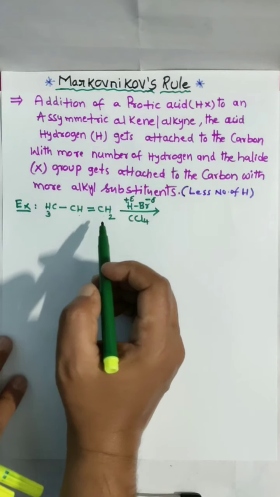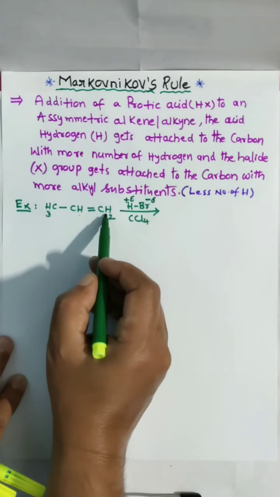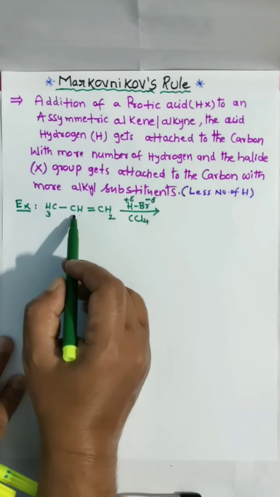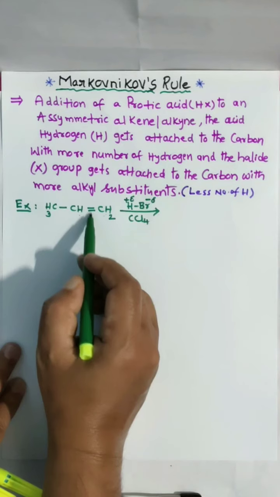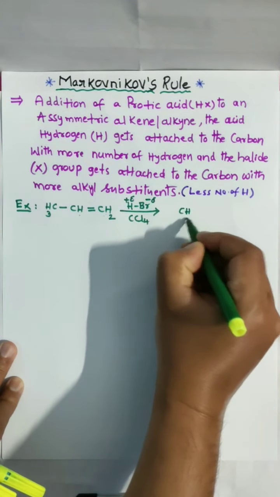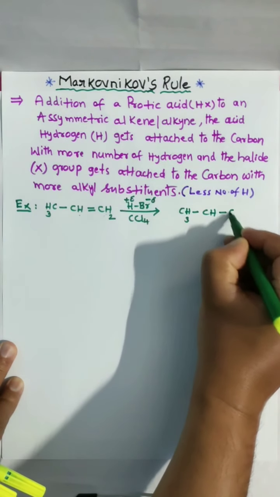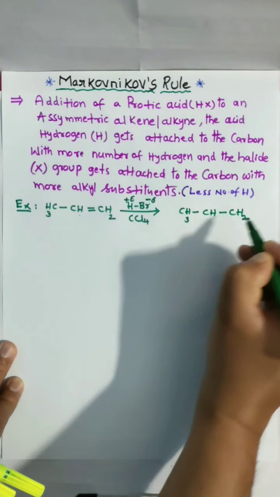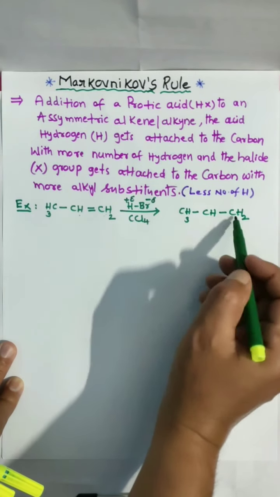For example, hydrogen can attach here for one product or here for another product. First we have to break this double bond. Then you get CH3-CH-CH2 with single bonds. Now two carbons have free valency.